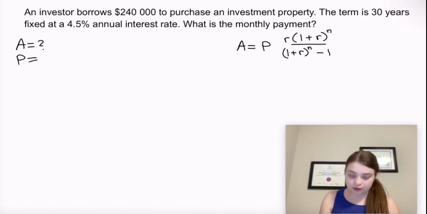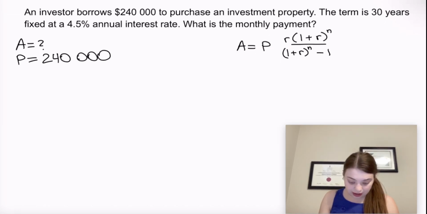P is the principal invested or borrowed, in this case, borrowed since we're borrowing. So therefore, $240,000 is being borrowed. Then we have the interest rate. That is going to be the annual interest rate over the number of compounding periods per year. In this case, we're making a monthly payment.